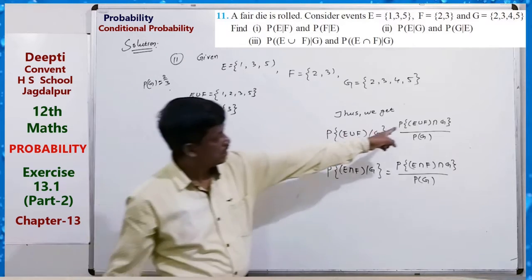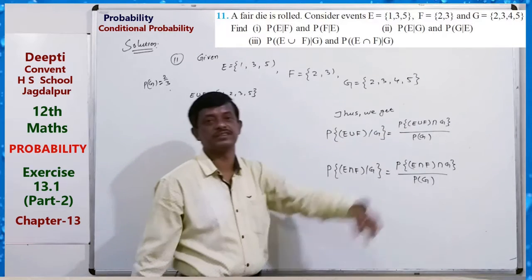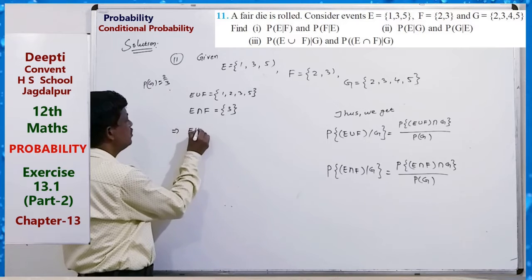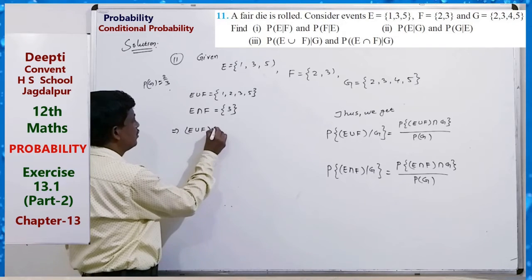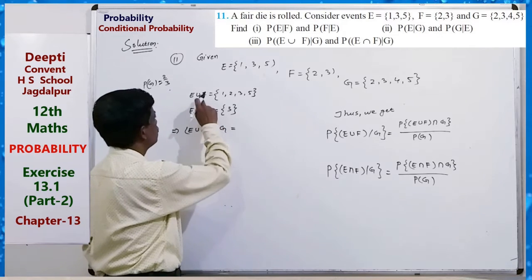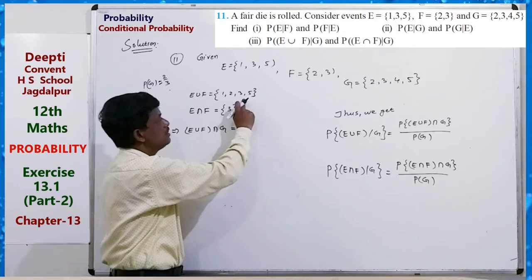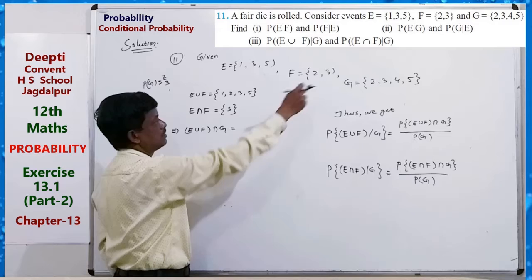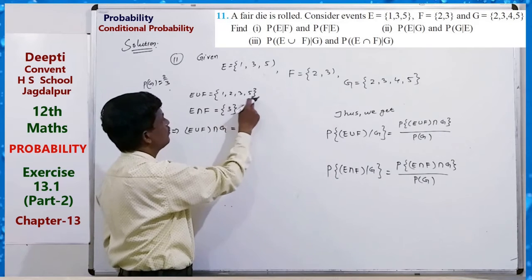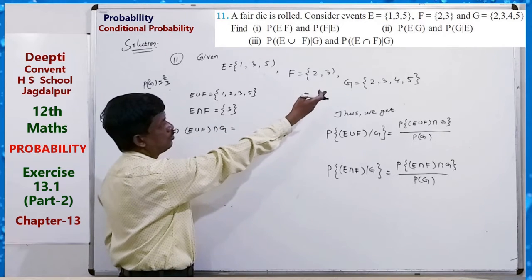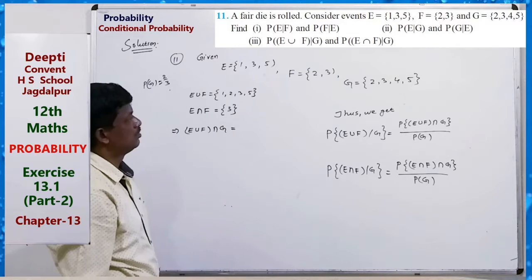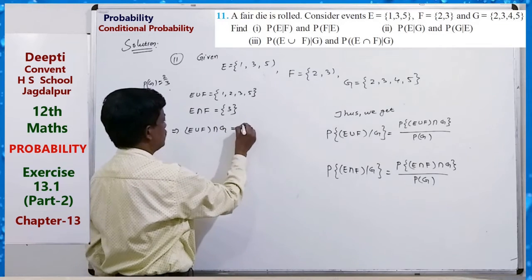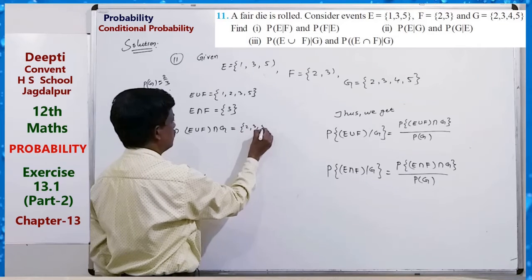Now (E union F) intersection G is equal to this intersection this. So 1, 2, 3, 5 and 2, 3, 4, 5. So it is 2, 3, 5.